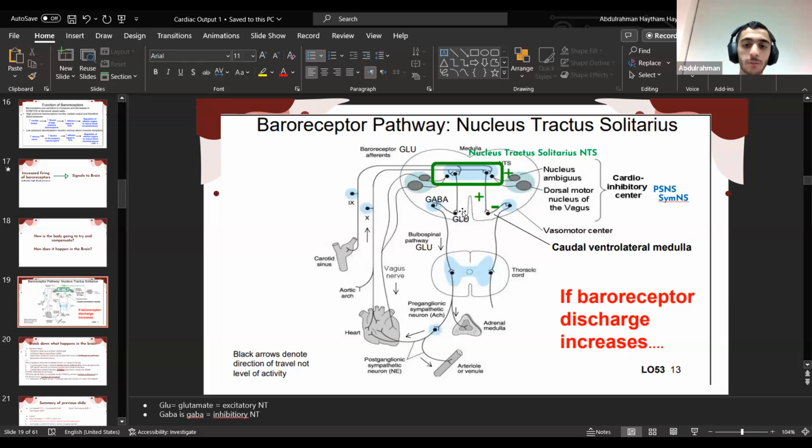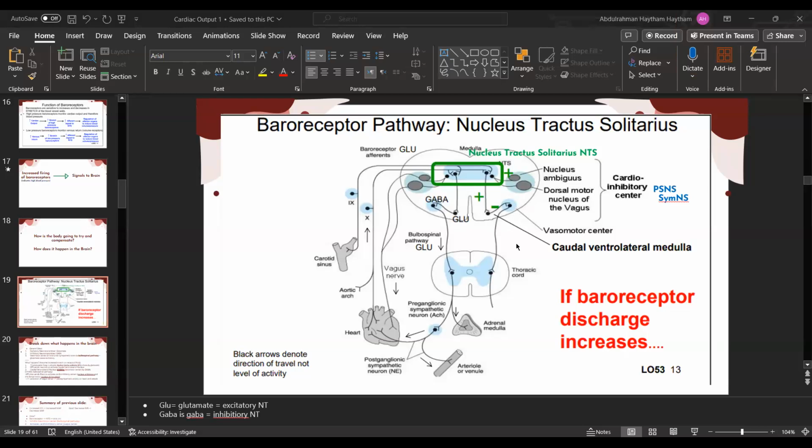Basically, the nucleus tractus solitarius activates the caudal ventral medulla through glutamate. And then the caudal ventral medulla is the interneuron that we discussed that is going to inhibit the vasomotor center. Is that answering you, or did I get it wrong? Does GLU do the same function as the caudal ventrolateral medulla, because we said both excite the inhibition of either GABA or the vasomotor center?